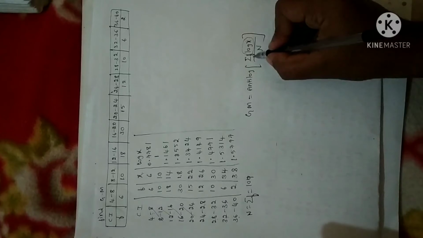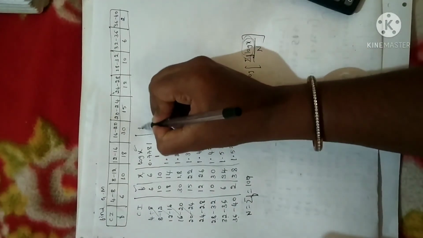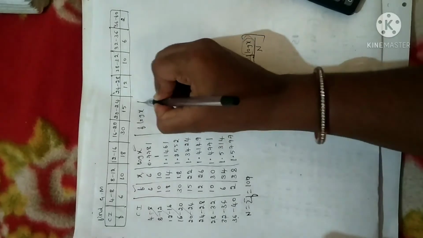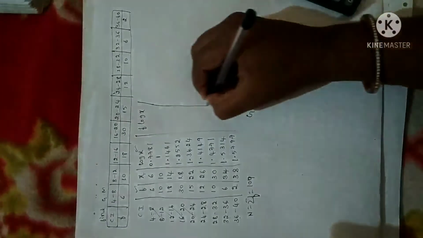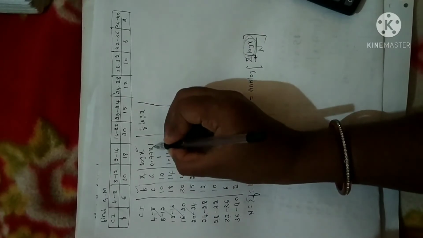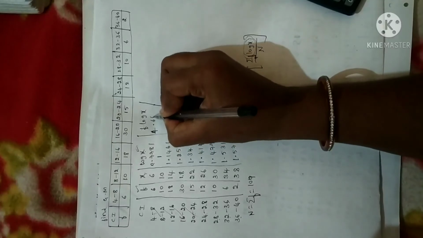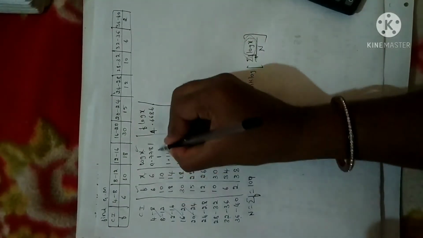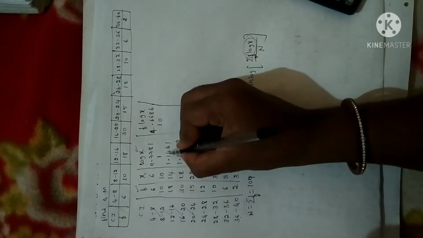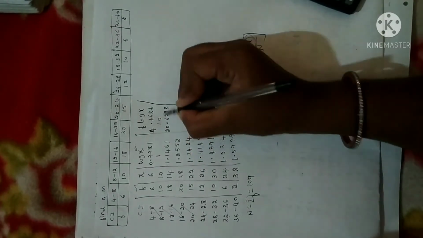Now what else is needed? F into log x, so I have to multiply f with log x. So let me multiply these two columns. Multiply this with this, that is 6 into 0.7781. When you multiply this, you will get 4.6686. Similarly 10 into 1, 10. 18 into this value, 20.6298.